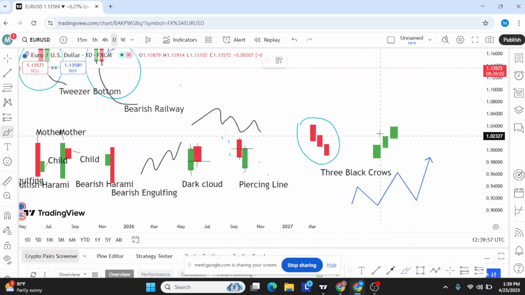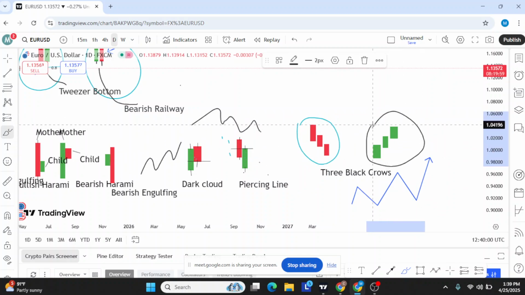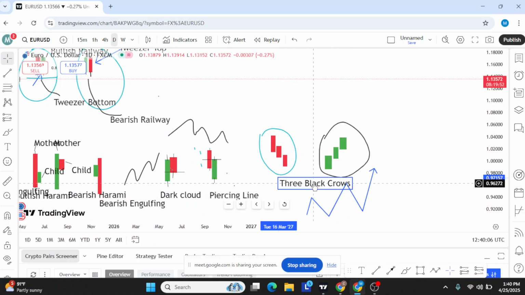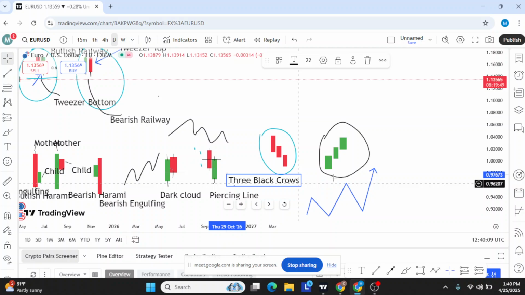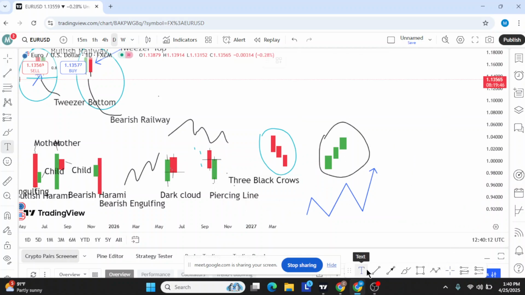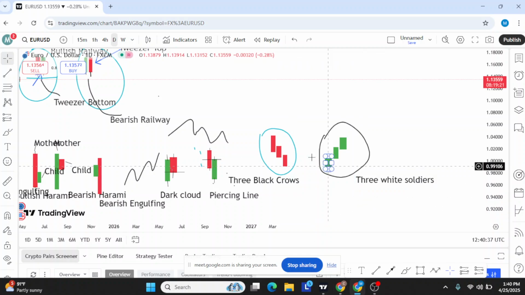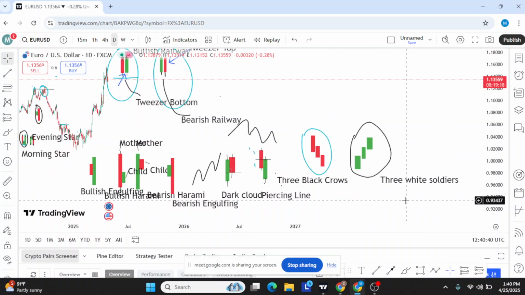So now with this formation, you can see three white soldiers, three black crows.